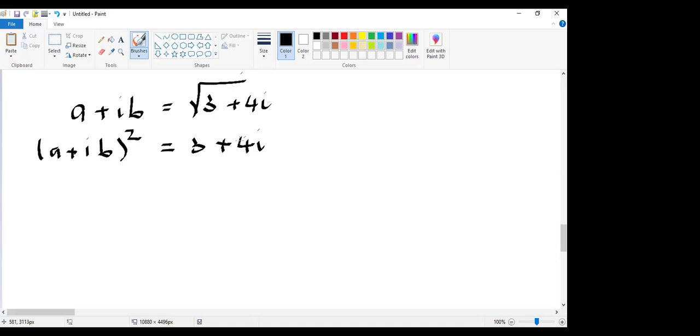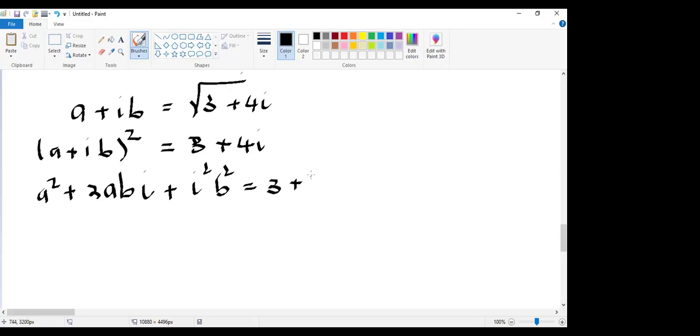From there, this gives you a squared plus 2abi plus i squared b squared, which is equal to 3 plus 4i.